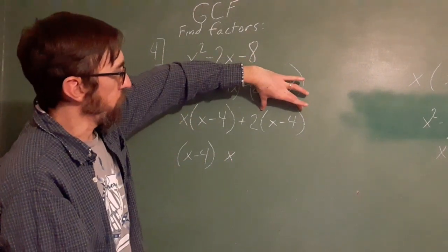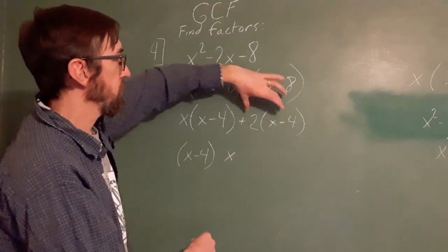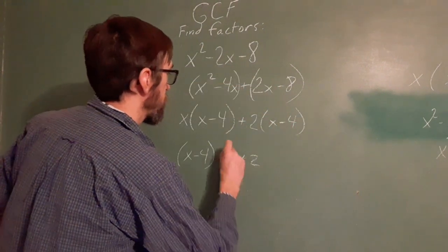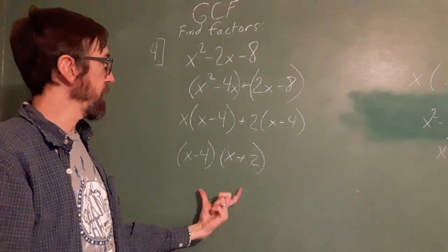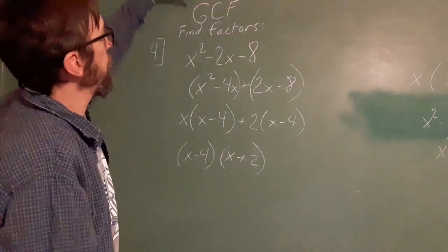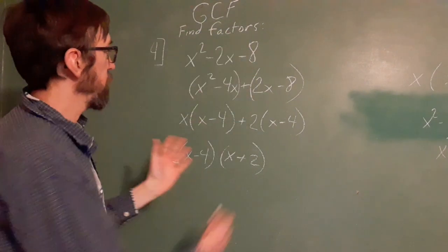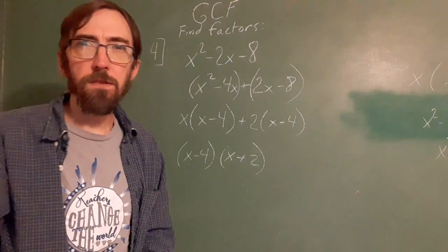And over here, likewise, if I divide by x minus 4, I end up with 1. 1 times 2 is 2. So these are the 2 factors of this trinomial, and we've used the greatest common factor not once, but twice to find this solution.